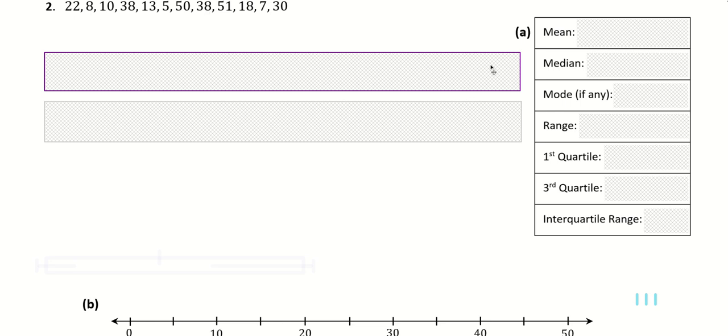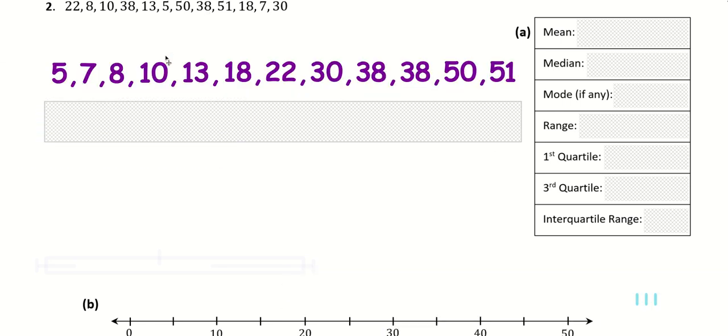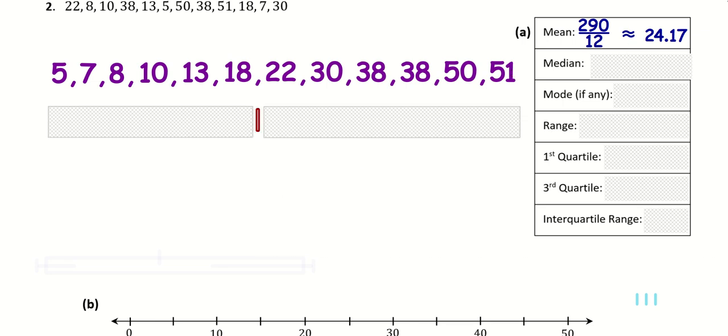Number 2, it looks like we had to put these in order first, but that's, to find things like the median. So the mean, you should have got 24.17 approximately. And then for the median, looks like we had to go in between 18 and 22 to get 20.